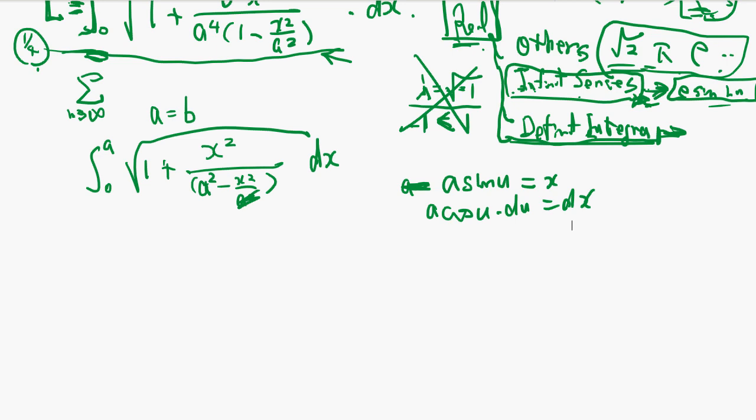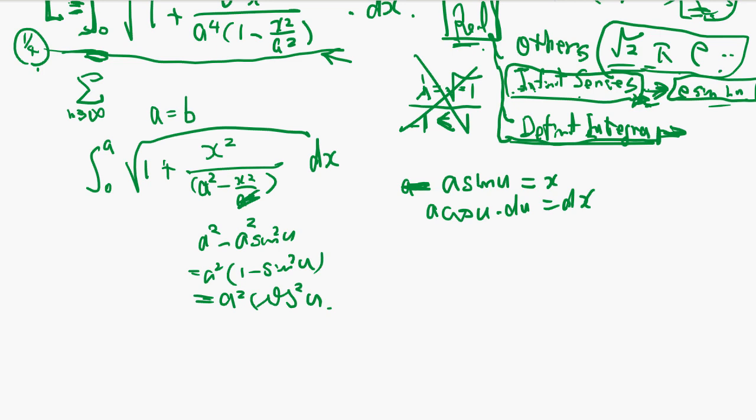This a squared minus a squared sine squared u is a squared times 1 minus sine squared u, which equals a squared cos squared u, right?